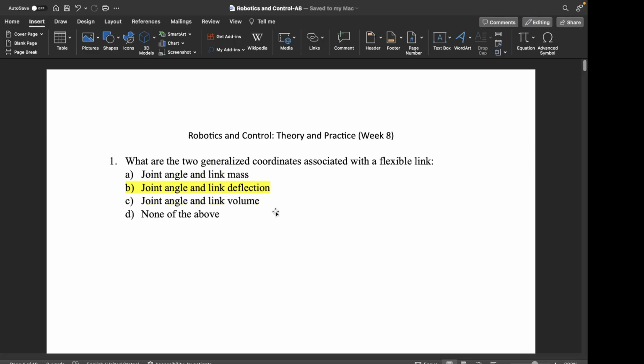So, this week's lectures have covered flexible link manipulators. Till now, what we have seen are systems where the links are rigid and do not deform. But now we have seen systems where the links can also deform while moving.